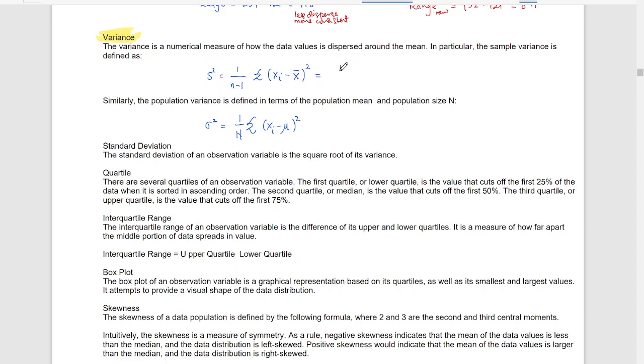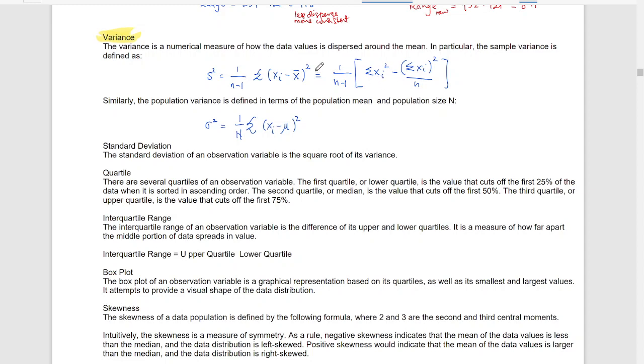It can be written as 1 over n minus 1, and then multiply with the summation of xi square minus the summation of xi, the whole thing squared, divided by n.